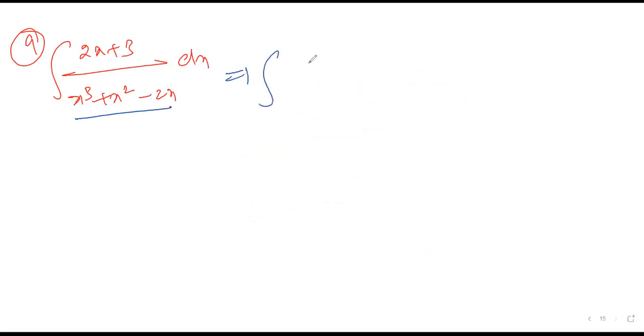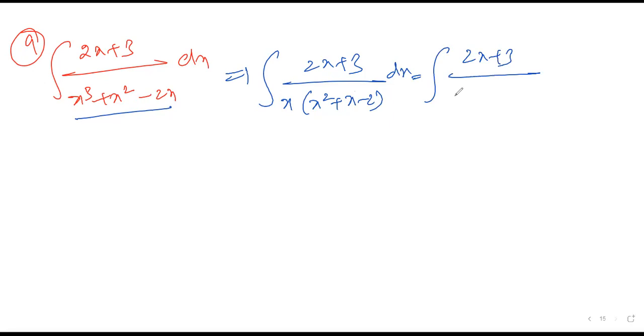I'll try it one by one: 2x plus 3 by x is common, x square plus x minus 2, dx. If you are well and good, you can factorize x square plus x minus 2. It will come as minus 2, right? The possibility is plus 2x minus x. If you take it like that, you'll get x minus 2 into x minus 1. Am I clear? Yes, sir.